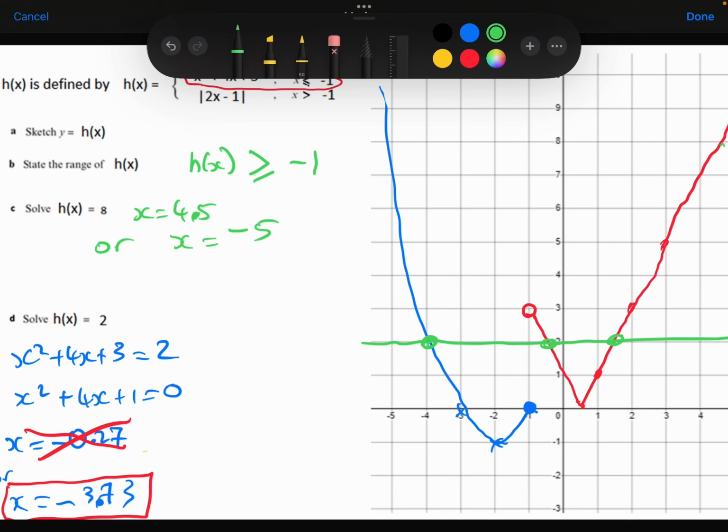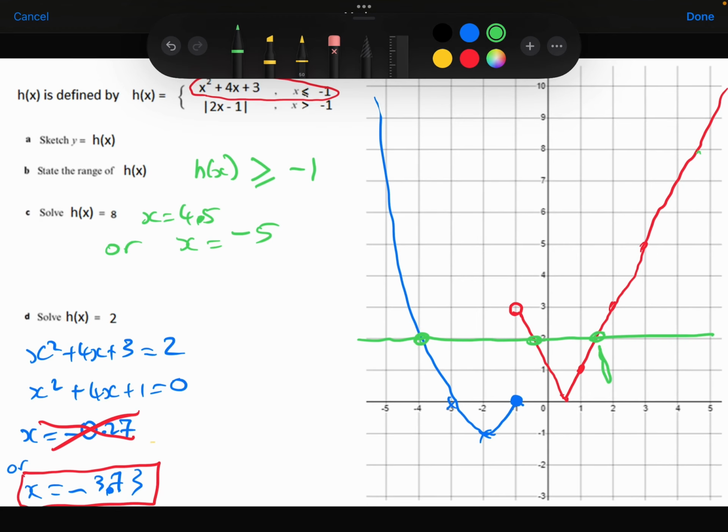Next, what about this solution here? Again, remember this part of the graph here, that was just the regular 2x minus 1 part of the graph. So that's equal to 2. Add 1 to both sides. So x is 3 over 2 or 1.5, which makes sense.